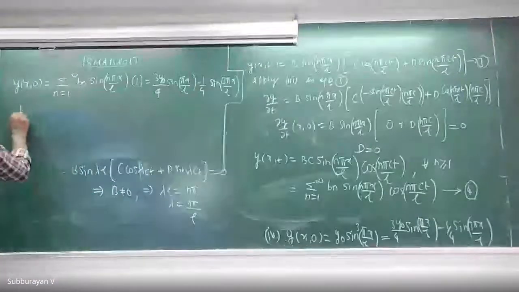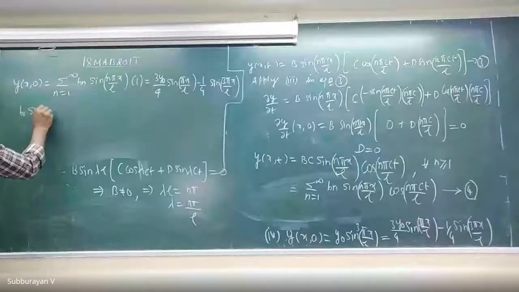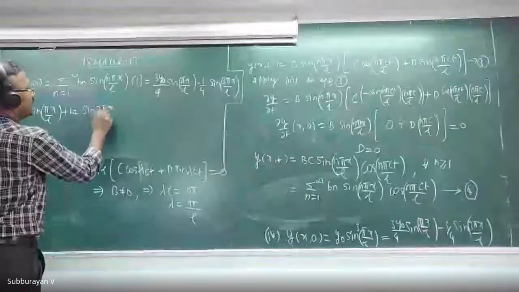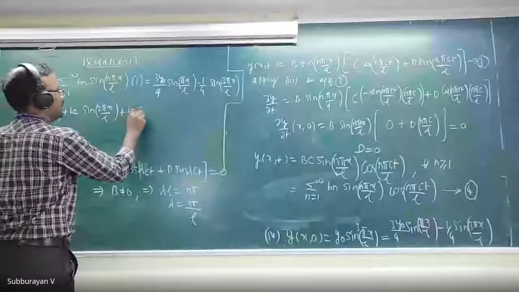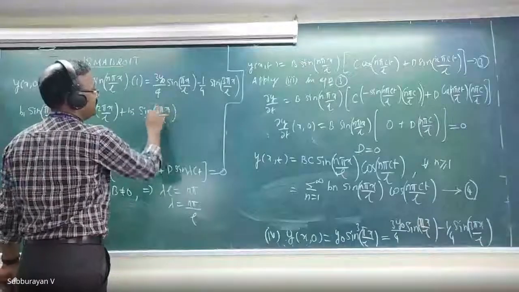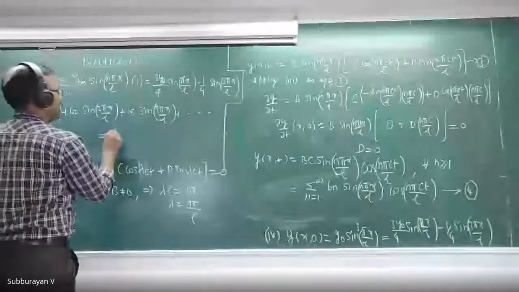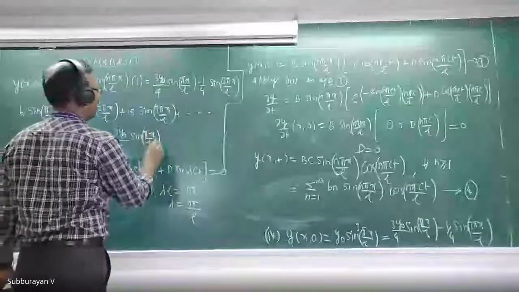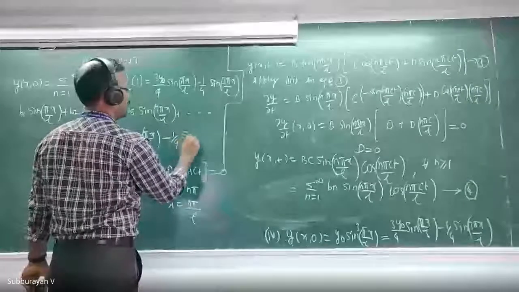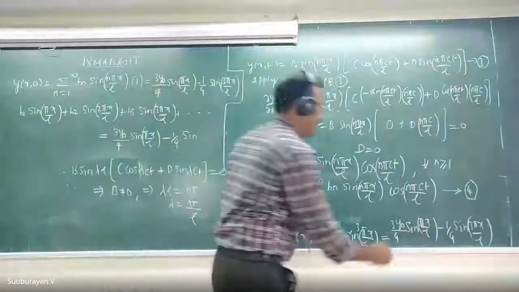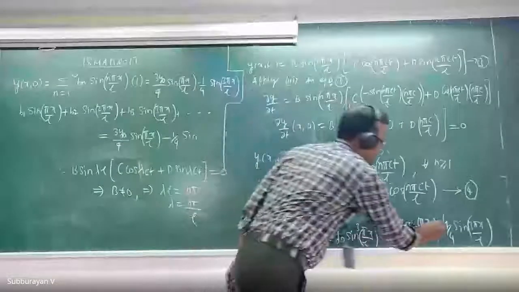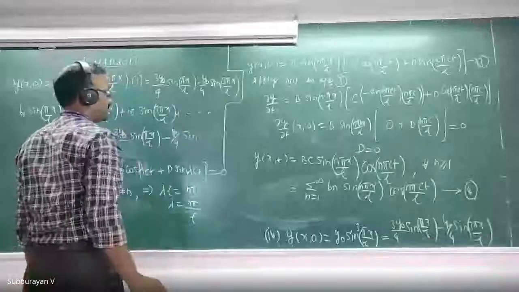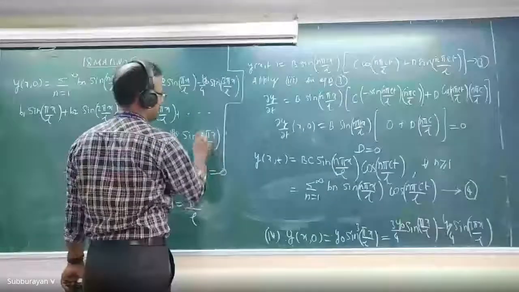Therefore, the left hand side is b1 into sin pi x by L plus b2 into sin 2 pi x by L plus b3 into sin 3 pi x by L and so on, that is equal to 3y0 divided by 4 into sin pi x by L minus 1 by 4 y0 into sin 3 pi x by L.